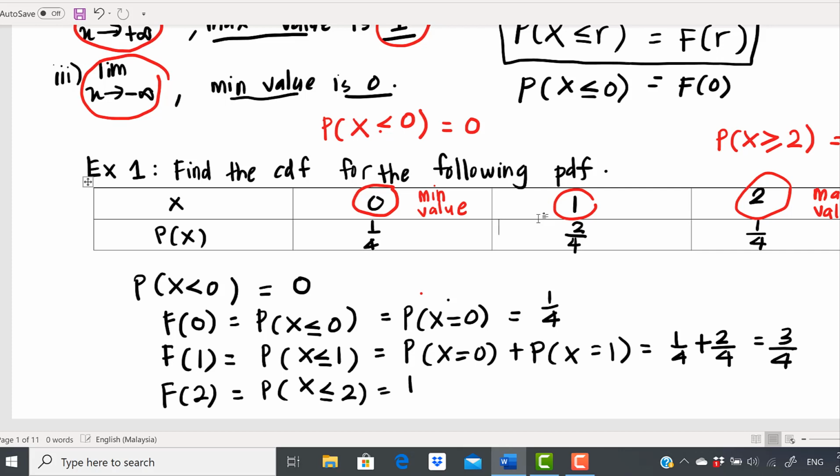Then for this one, the probability when x equal to 0 plus the probability when x equal to 1 plus the probability x equal to 2. Then you have 1 over 4 plus 2 over 4 plus 1 over 4. Then you get 1.